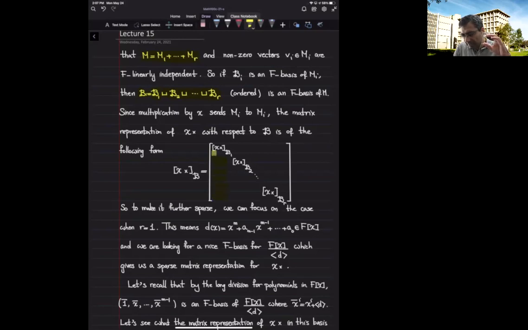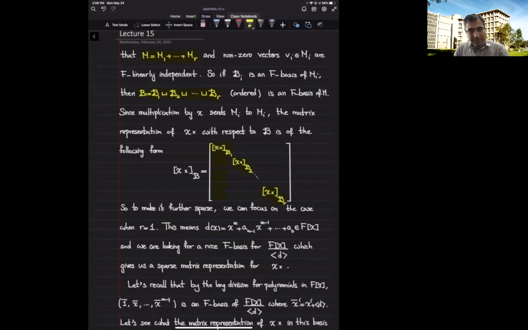I only need to understand how to write down the matrix representation of multiplication by x restricted to M1. So this is multiplication by x in F[x] mod out by d1. Then it's multiplication by x in F[x] mod out by d2, and multiplication by x in F[x] mod out by the ideal generated by d sub r.